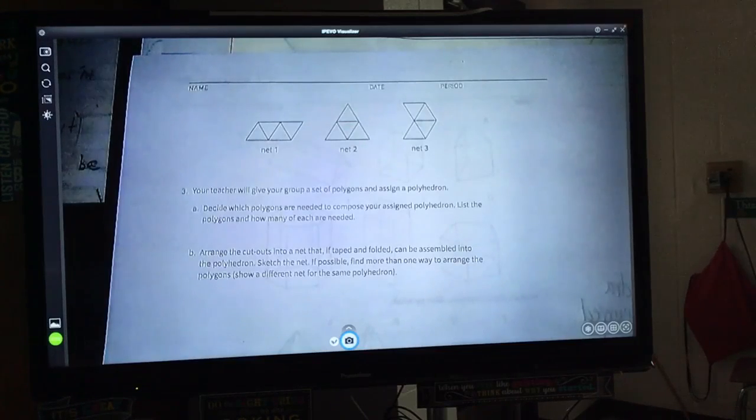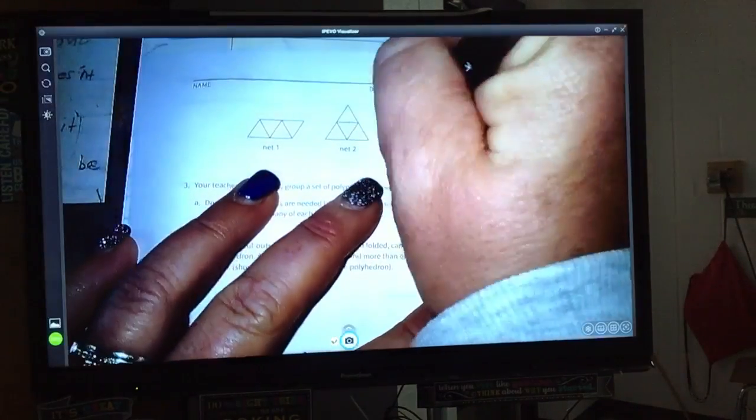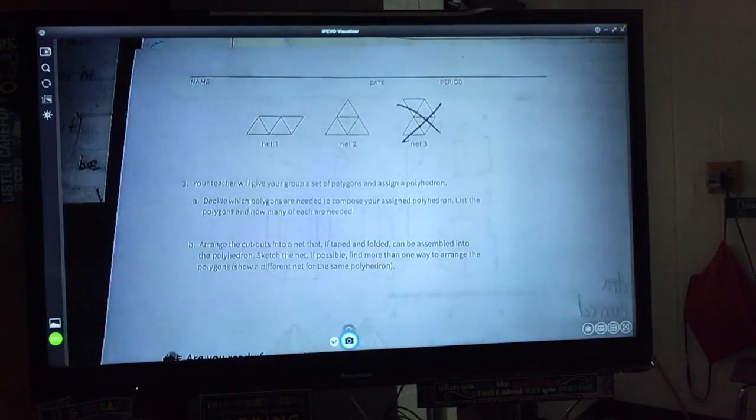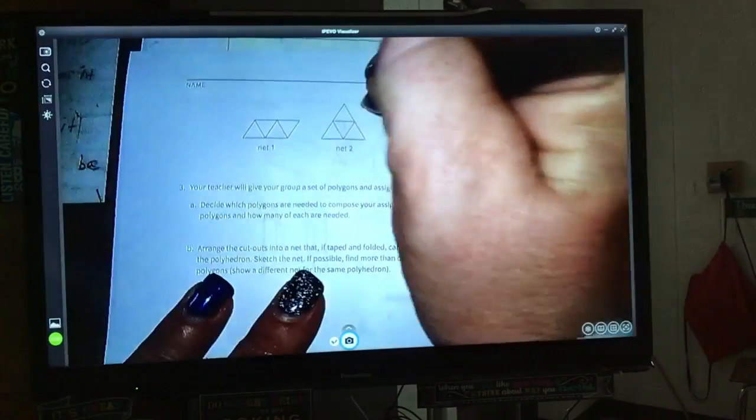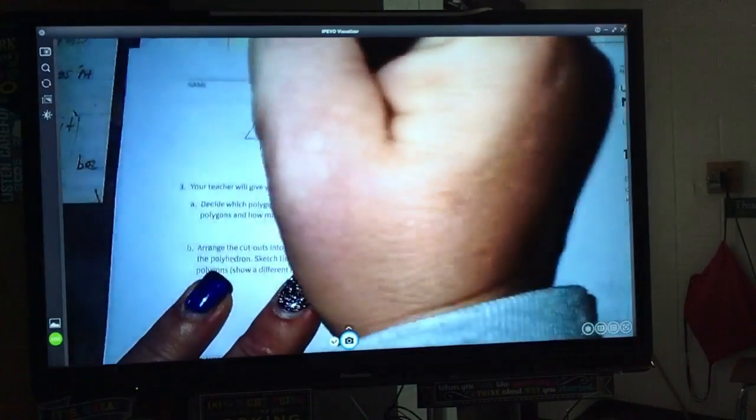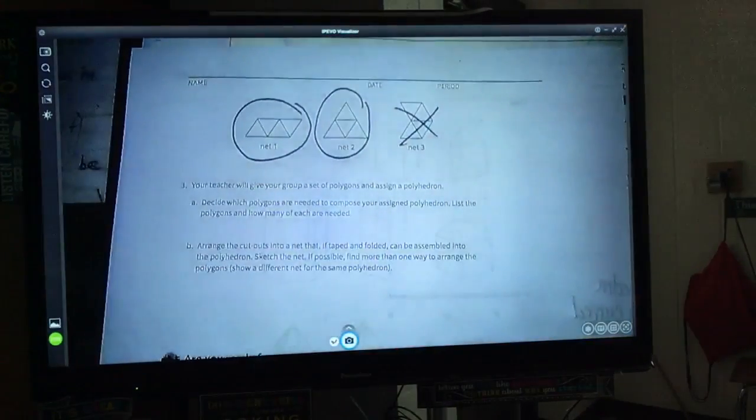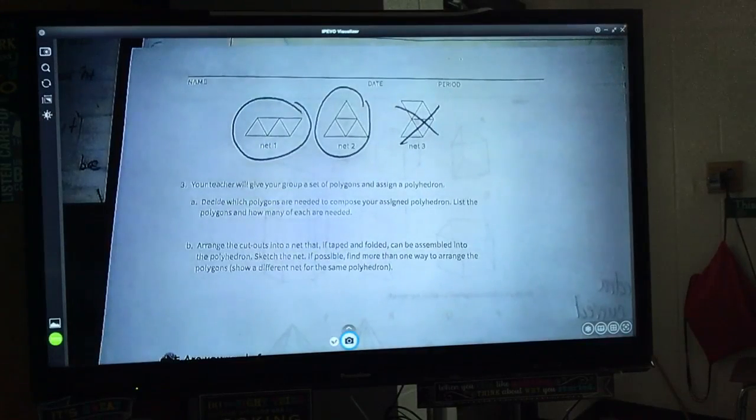Okay, so net 3 cannot. There's no way. Net 2, definitely. But net 1 can also be. Because net 1, you'll fold, fold, fold, and it all folds together and becomes a pyramid.